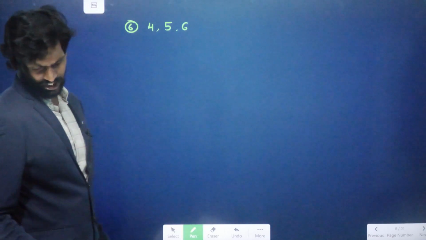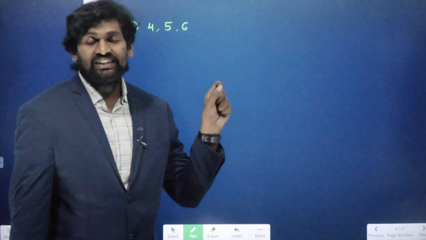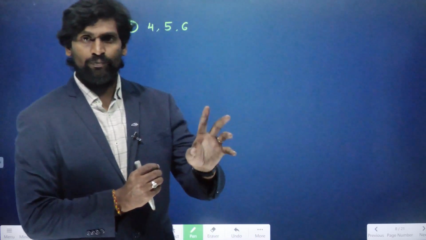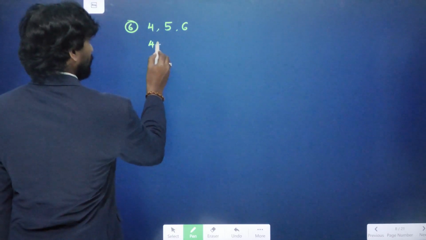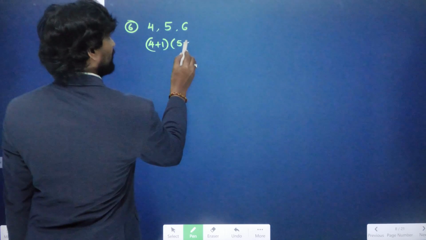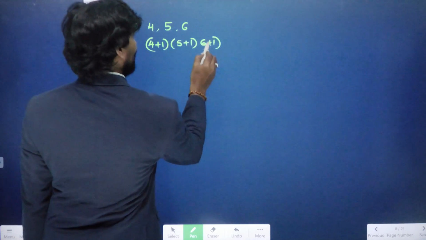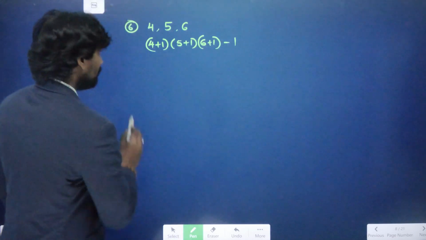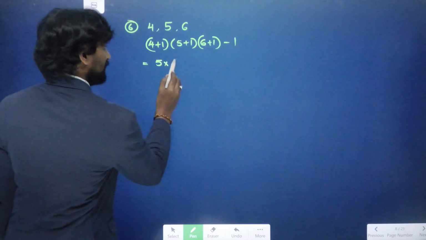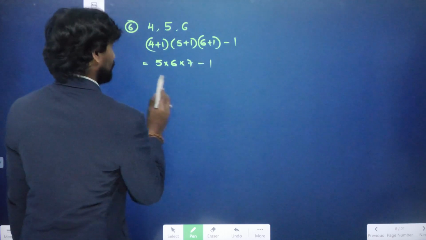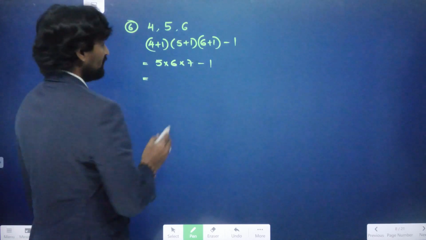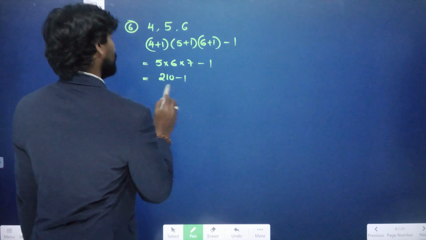The number of ways a person can select one or more fruits: selecting all at a time is p plus 1 into q plus 1 into r plus 1, but the condition is one or more, so it is 4 plus 1 into 5 plus 1 into 6 plus 1, minus 1. That is 5 into 6 into 7, which is 30 into 7, 210, minus 1, giving 209.